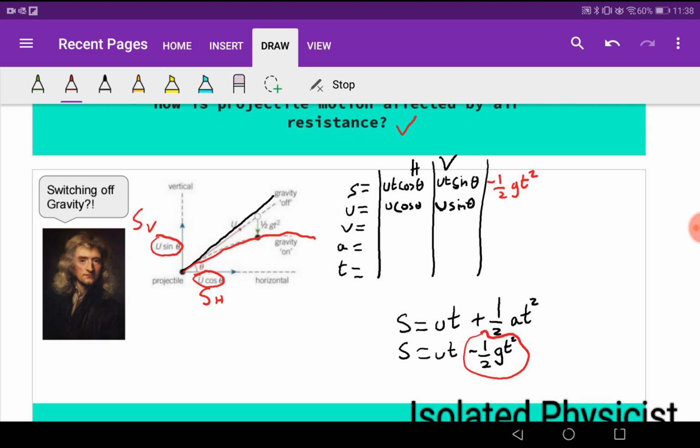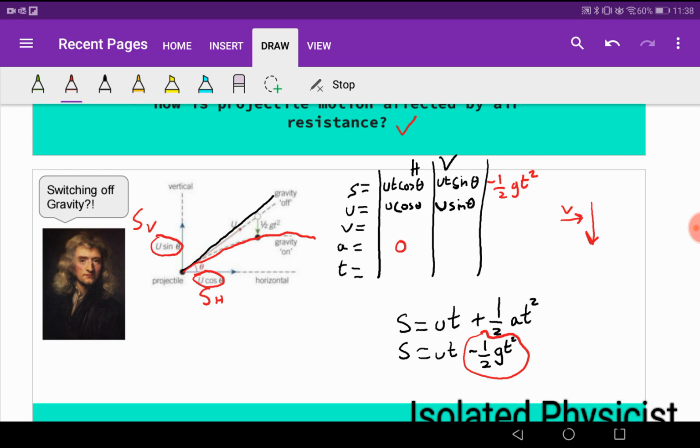Don't forget that the acceleration in a horizontal sense is going to be 0 because gravity acts downwards and the velocity acts this way. So there will be no horizontal acceleration.